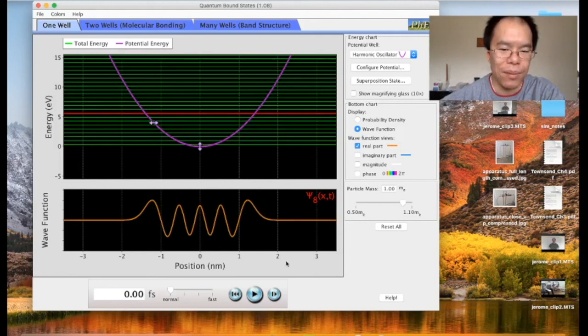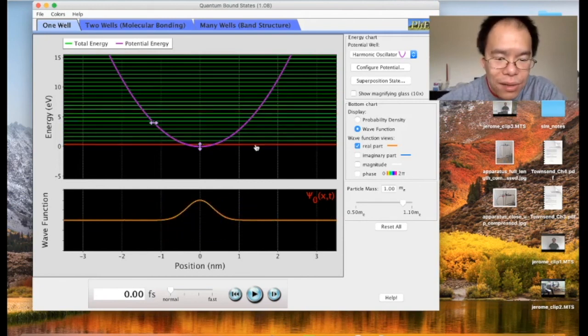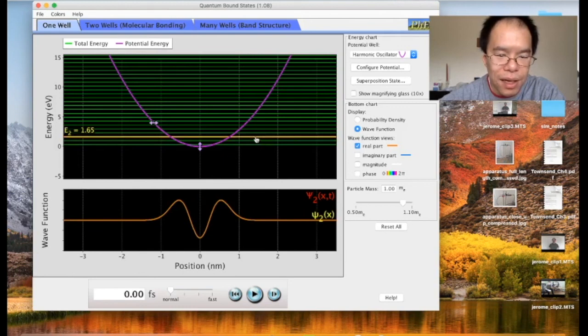Again, you see these edge bumps have a larger amplitude than the one in the middle.